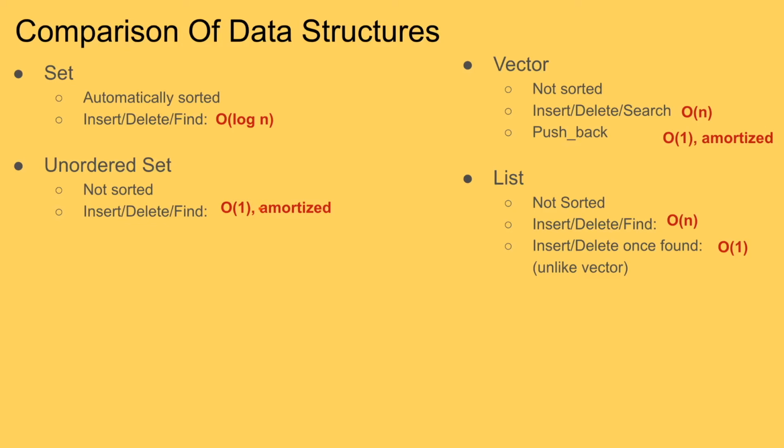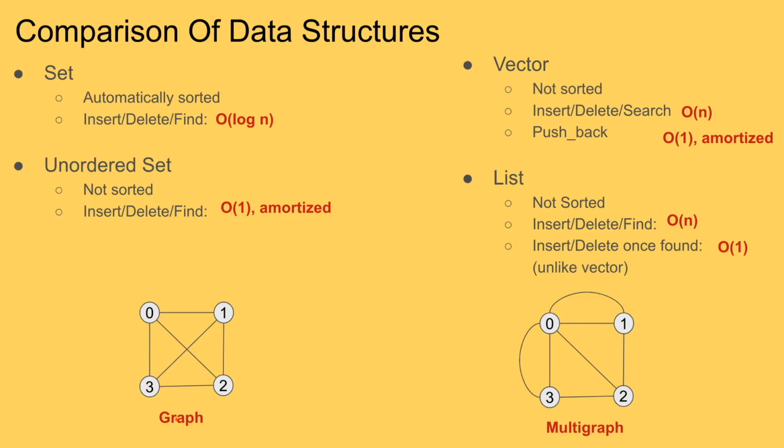Besides the differences in time complexity, there's one more important difference, which is if you want to represent something that's called a graph, which we just saw, or something that's called a multigraph. A multigraph is simply an extension of a graph, but between two nodes, there can be multiple edges. And this is what we saw in the original Konigsberg Euler's problem.